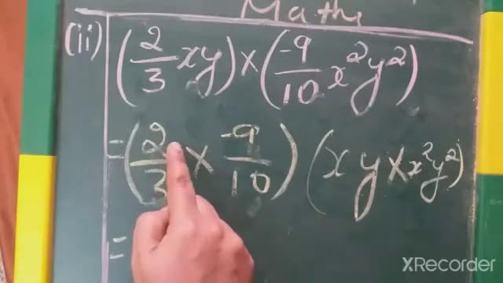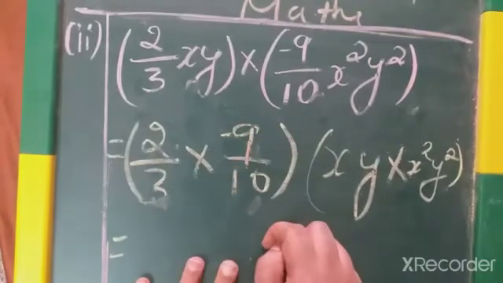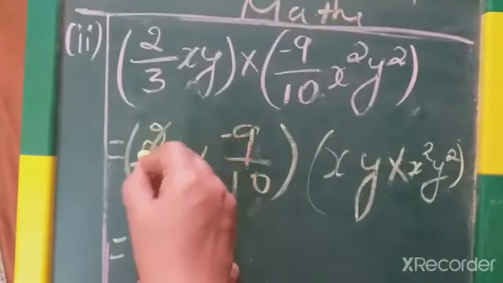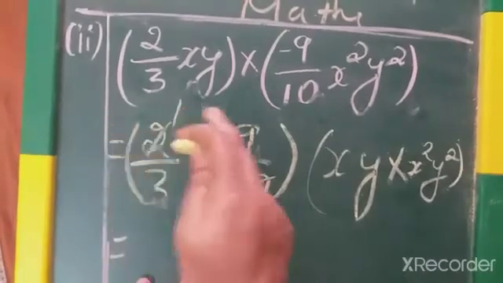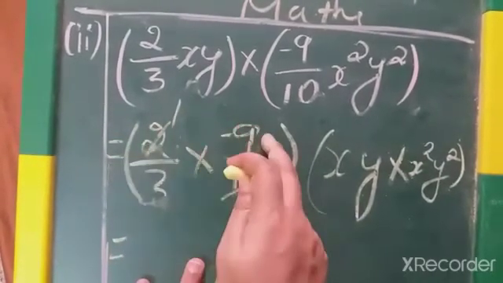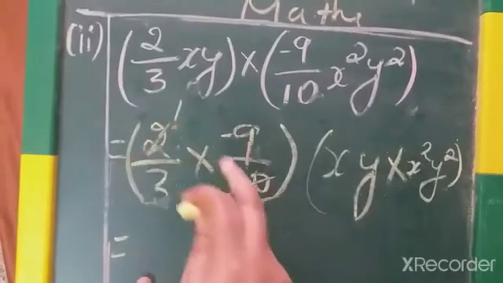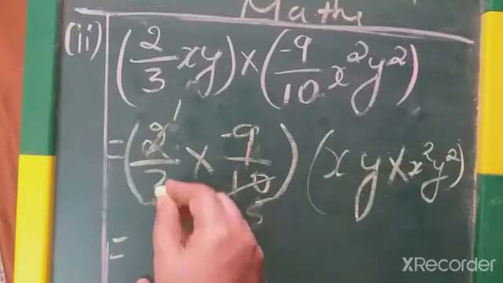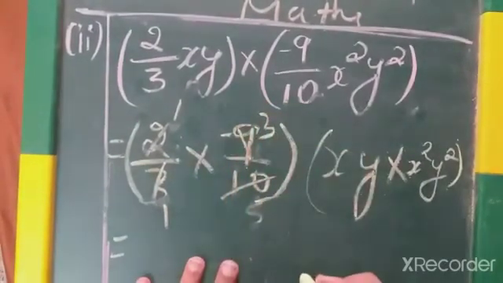So 2 is a numerator, 9 is also a numerator, then 3 and 10 are denominators. While cancelling, up and down: first floor 2 ones are, and down floor 2 5s are. You should not cancel in the same place; numerator with numerator you should not cancel, only numerator and denominator, up and down. 2 ones are 2, 2 5s are 10, then 3 ones are 3, 3 3s are 9.